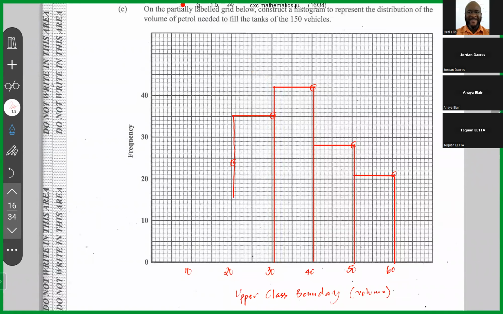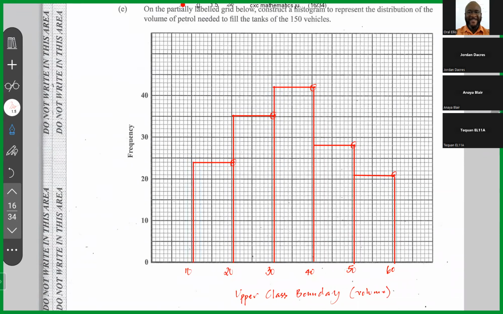So there's one more bar that starts at 10.5. And this would be your histogram.